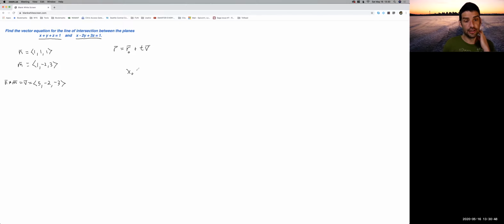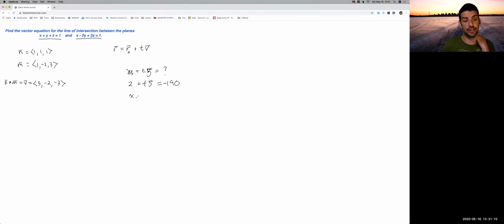X0 plus T times 5. I'm saying this can be equal to any number. If we know what X0 was, so let's say this is equal to 2. 2 plus T times 5, give me any number like 19, and I can find a T that makes this true. Give me a number like 190, I can find a T that makes this true. Make that negative, I can find a T that makes this true, right? We just solve this equation.